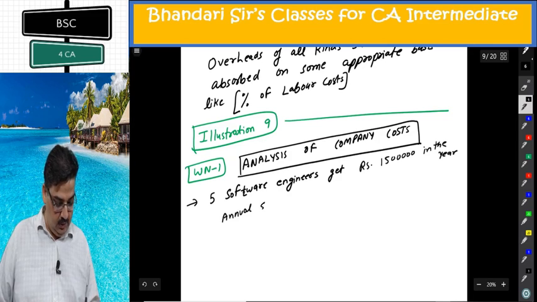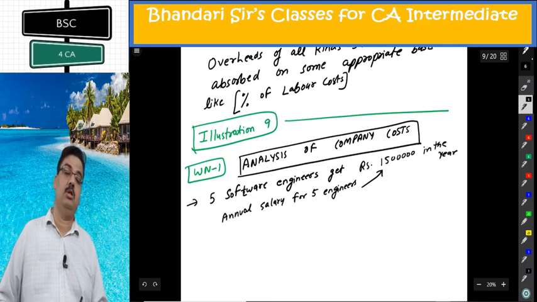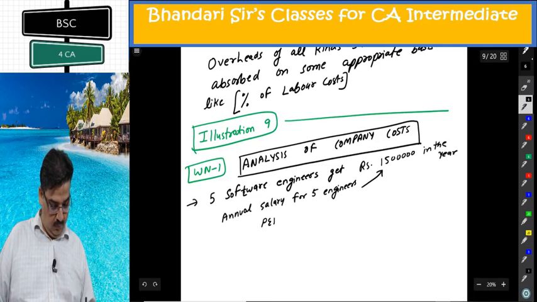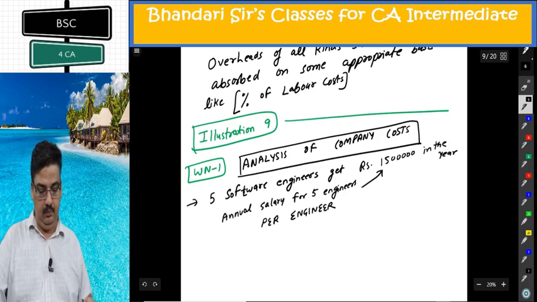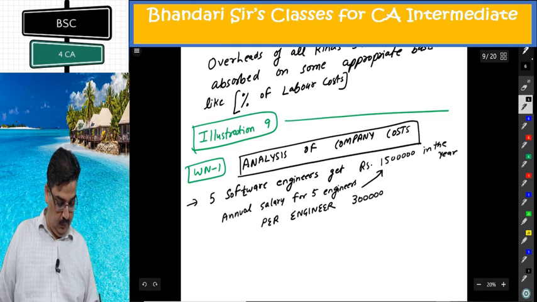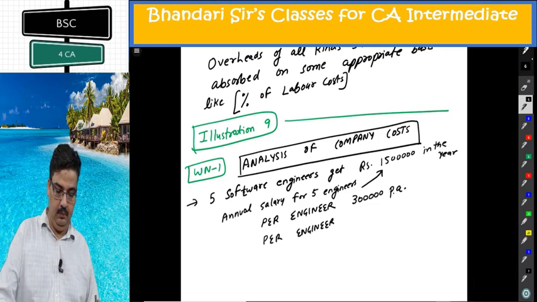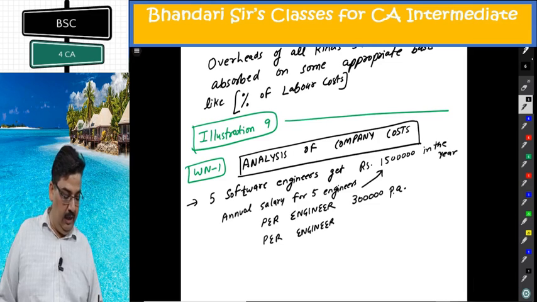Annual salary for 5 engineers is this. Per engineer, 15 lakh divided by 5, 3 lakh. 3 lakh per annum. Per engineer monthly 25,000.